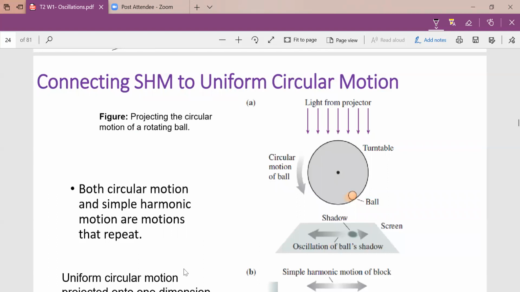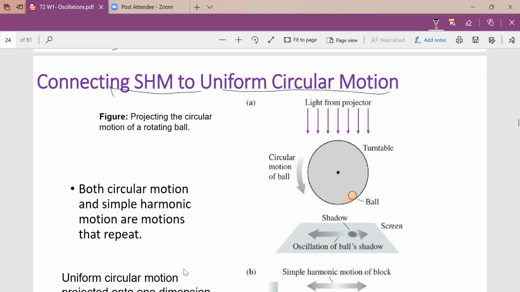So another thing we want to look at is connecting simple harmonic motion to uniform circular motion. Can we actually, apart from the back and forth motion, describe other phenomena as simple harmonic motion? Yes, from this experiment, we can actually describe uniform circular motion to be on a plane with a band of oscillatory distance.